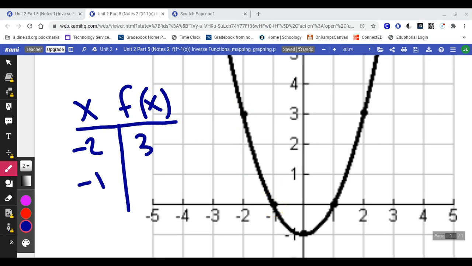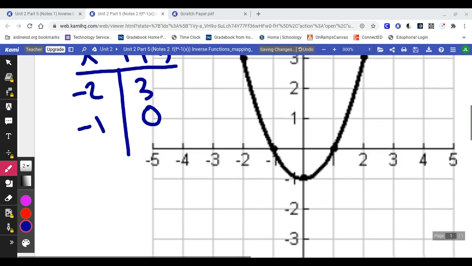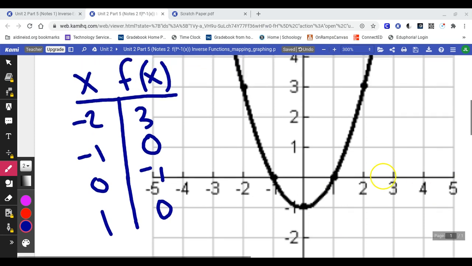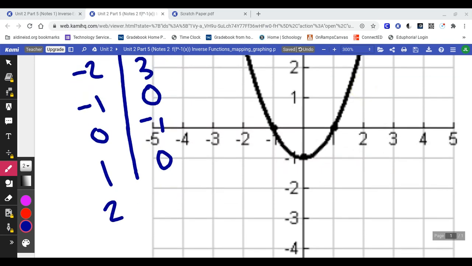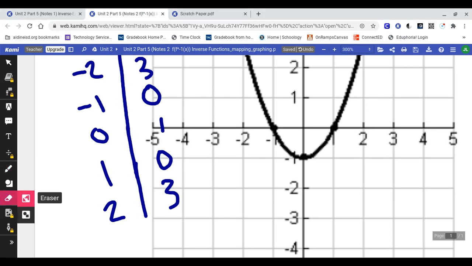At -1, I'm at 0 on the y-axis. At 0, I'm at -1 on the y-axis. At 1, I have another 0. And then at +2, I have another 3. So those are the points for my function.